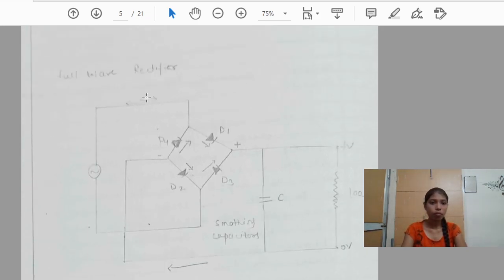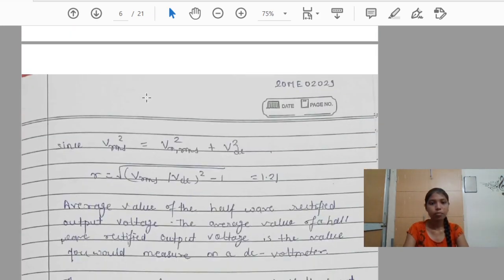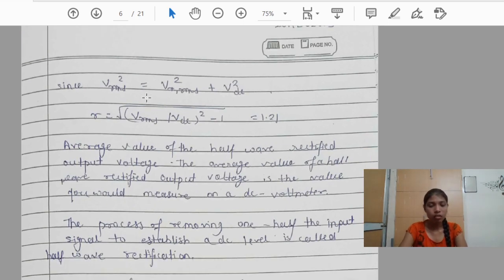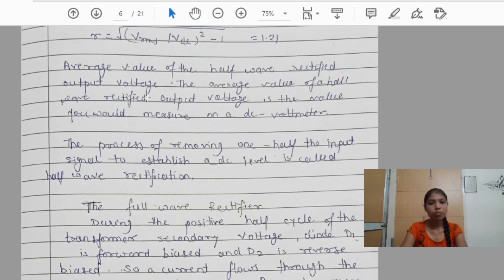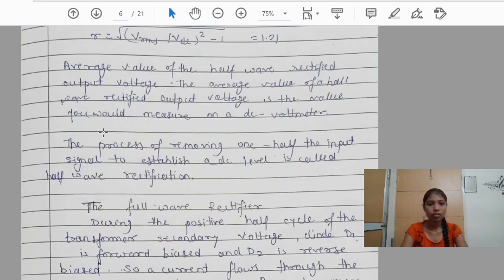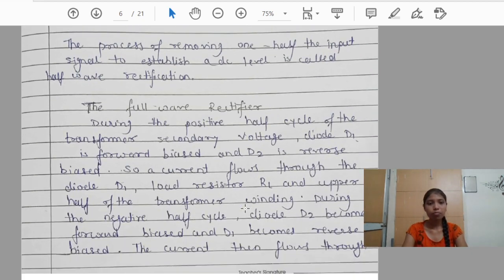This is the circuit diagram for a full wave rectifier. The process of removing one half of the input signal to establish a DC level is called half wave rectification.